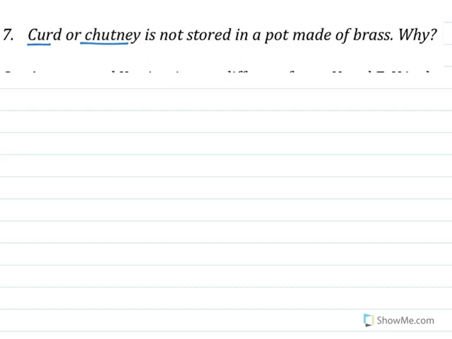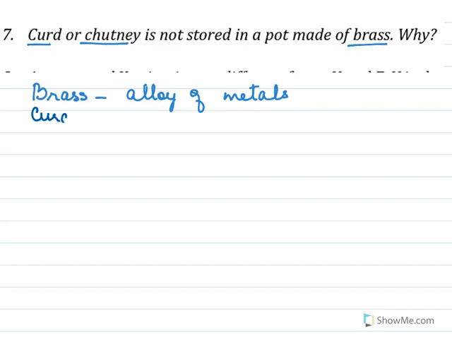Curd or chutney is not stored in a pot of brass. First point, you have to say brass is an alloy of metals. This is the first point. The second point you need to write is curd and chutney, they are sour, they contain acids, because they are sour.